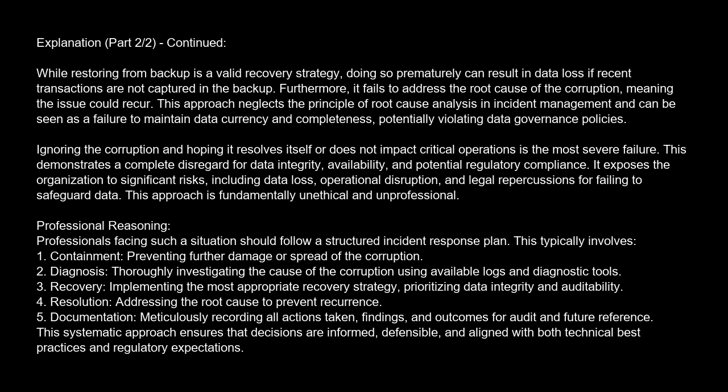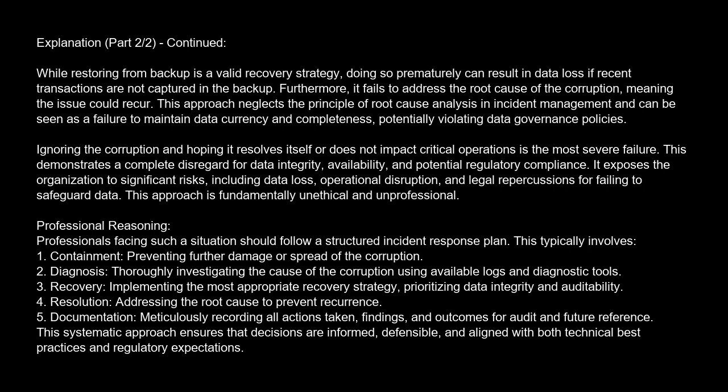Professional reasoning. Professionals facing such a situation should follow a structured incident response plan. This typically involves: 1. Containment, preventing further damage or spread of the corruption. 2. Diagnosis, thoroughly investigating the cause of the corruption using available logs and diagnostic tools. 3. Recovery, implementing the most appropriate recovery strategy, prioritizing data integrity and auditability. 4.